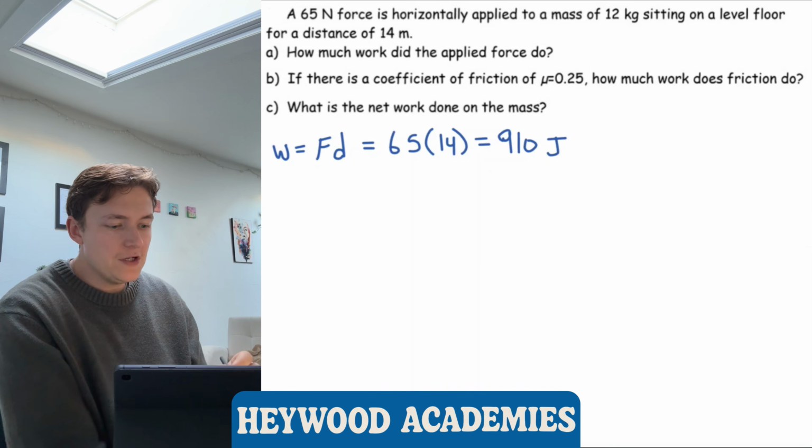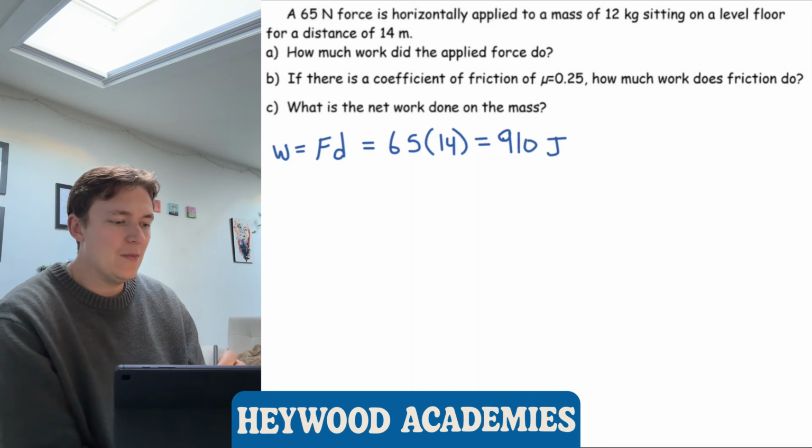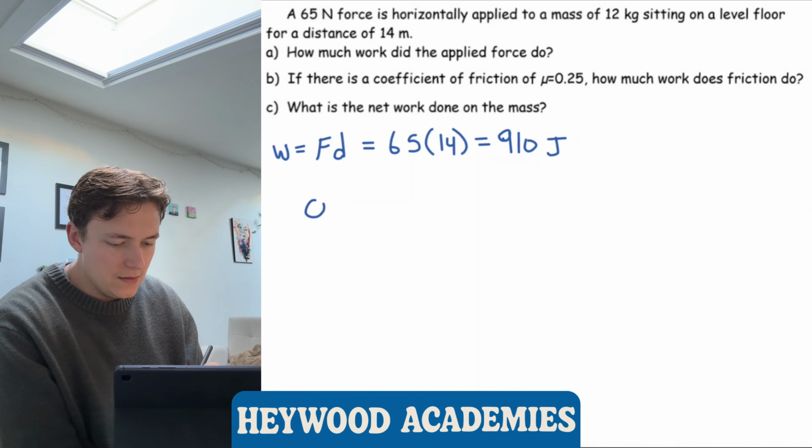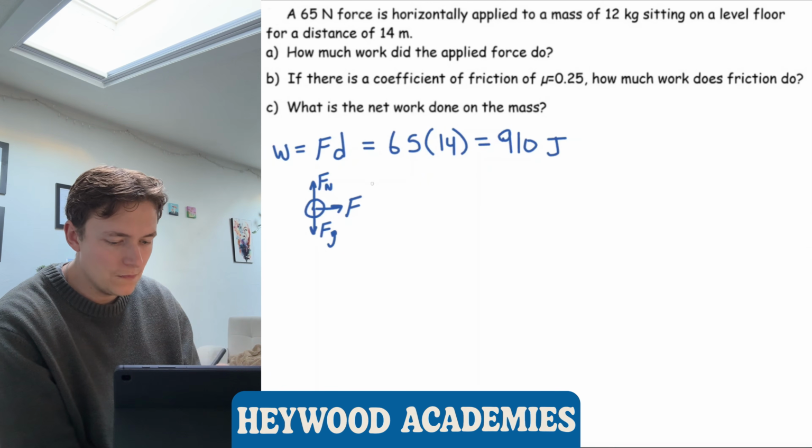Now there's a coefficient of friction of 0.25, so we've got to figure out how much work friction does. So if we draw our little picture again, we've got our force of gravity going down, normal force going up, there's this applied force, and then there's also a friction force.